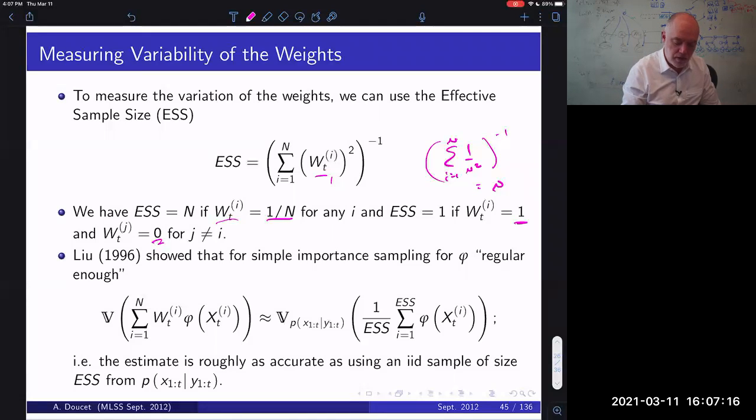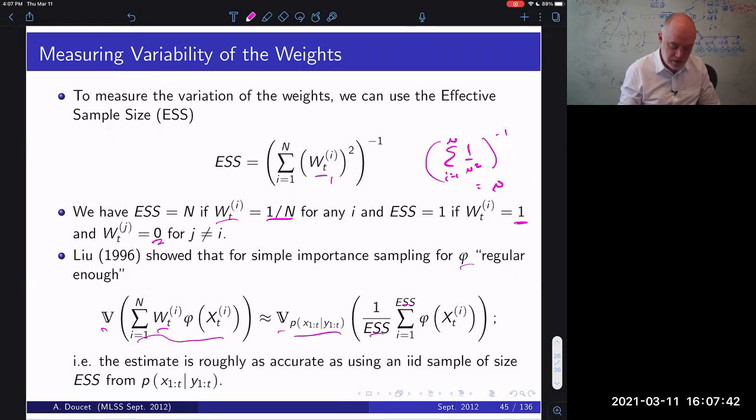So a very nice result showed that for simple importance sampling, for nice test functions, the variance of the Monte Carlo estimate under a weighted particle set looks like the variance under the true posterior distribution of an empirical average related to the effective sample size.